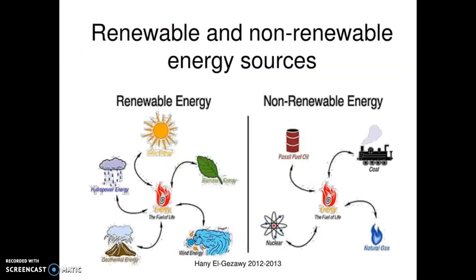We may also see these energies: renewable and non-renewable energy sources. On the left side, you may see renewable energy, and on the right side, non-renewable energy. As you see here, renewable energy uses natural resources: hydropower, sun, and wind.